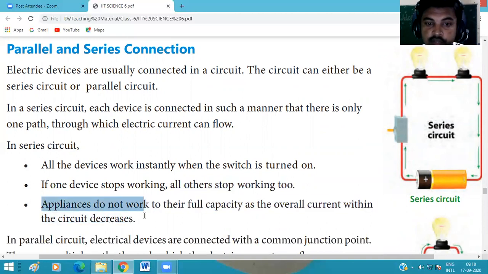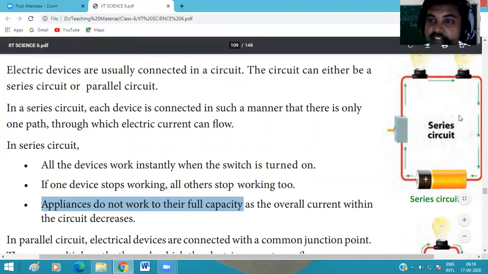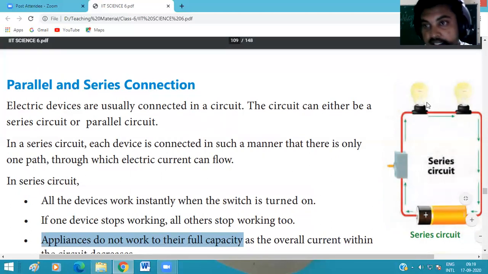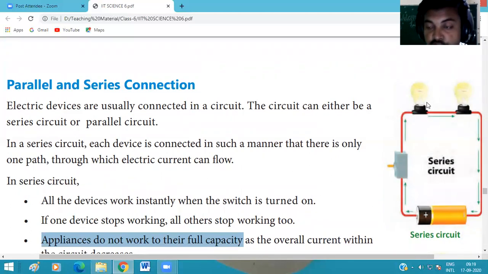Appliances do not work to their full capacity, and it is also another side effect of the series circuit. If the current flows from the first bulb, the intensity of the electric current is reduced after the first bulb, because the first bulb uses an amount of electricity or electrons.